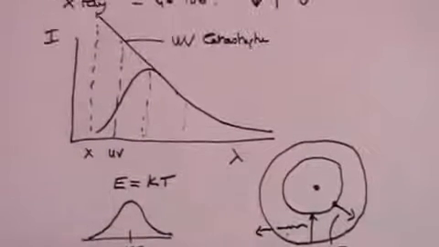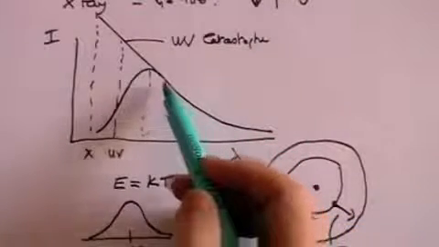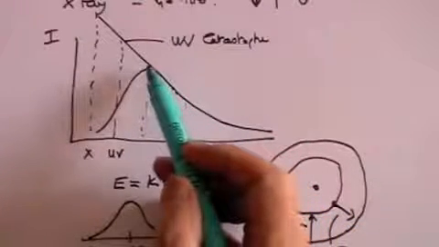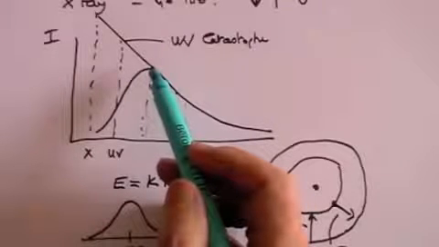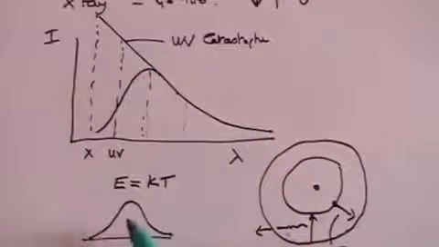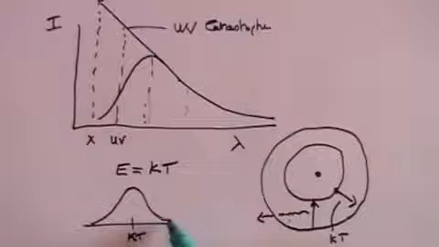And that's the reason why this curve does this. It increases with energy until it gets to a point like this. And this is where the energy of kT starts to go over this hump here. And now we're getting into this area where the probability of finding photons with this energy is very low.